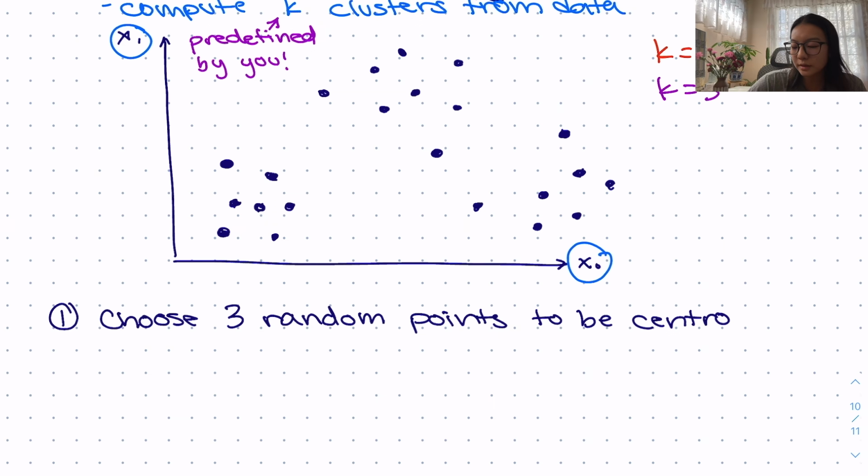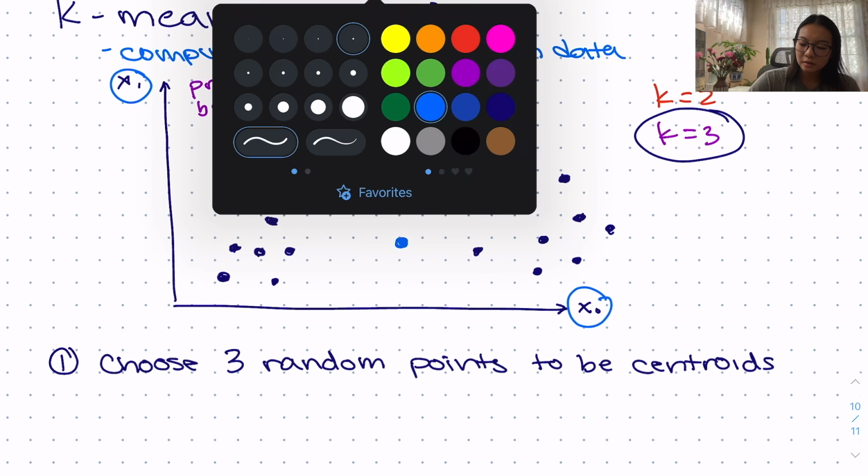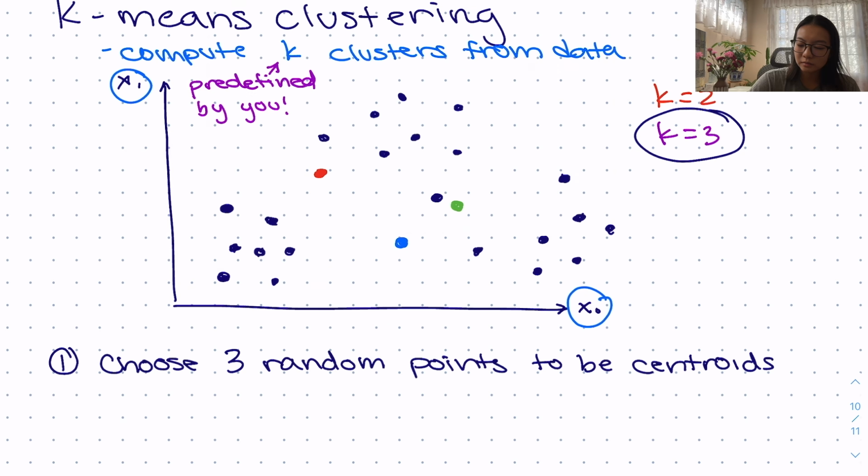And by centroids, I just mean the center of the clusters, okay? So 3 random points, let's say we're doing k equals 3. If it were 2, we'd be choosing 2 random points. So maybe the 3 random points I'm choosing might be here, here, and here.